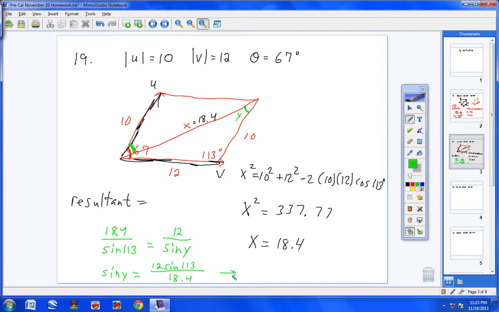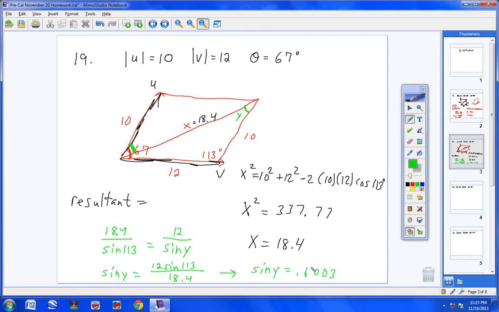And now, 12 sine 113 divided by 18.4, and we will get sine of y equals 0.60039, etc.